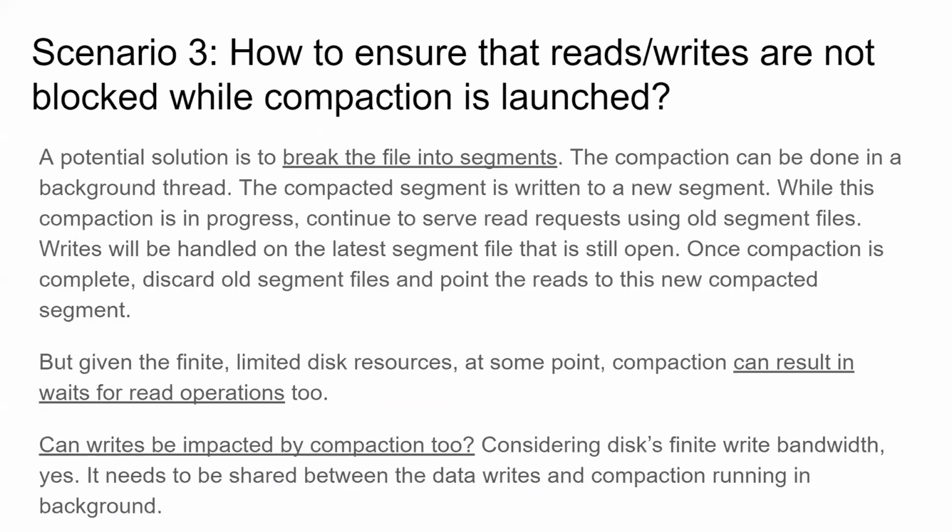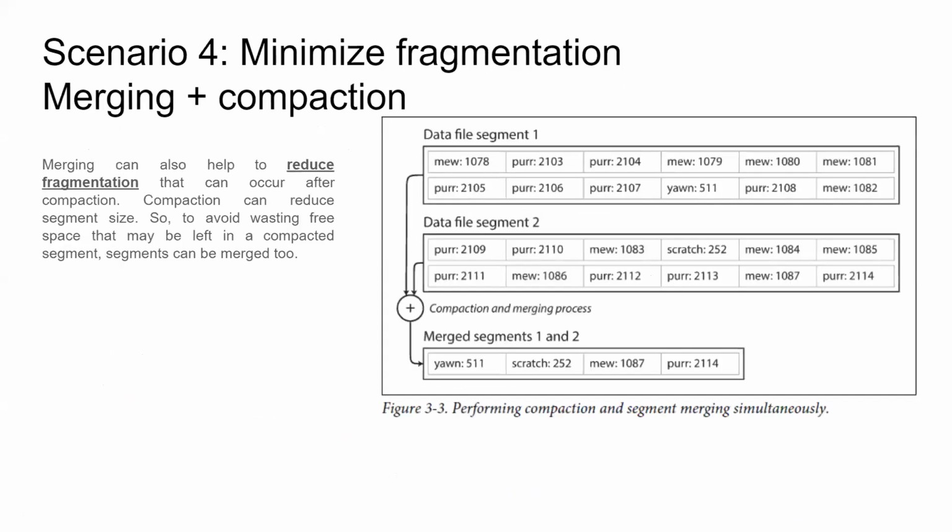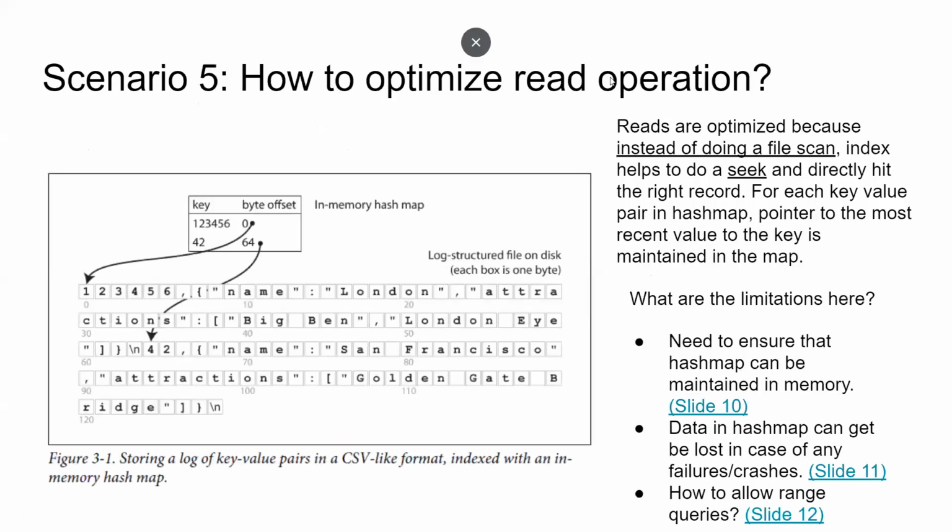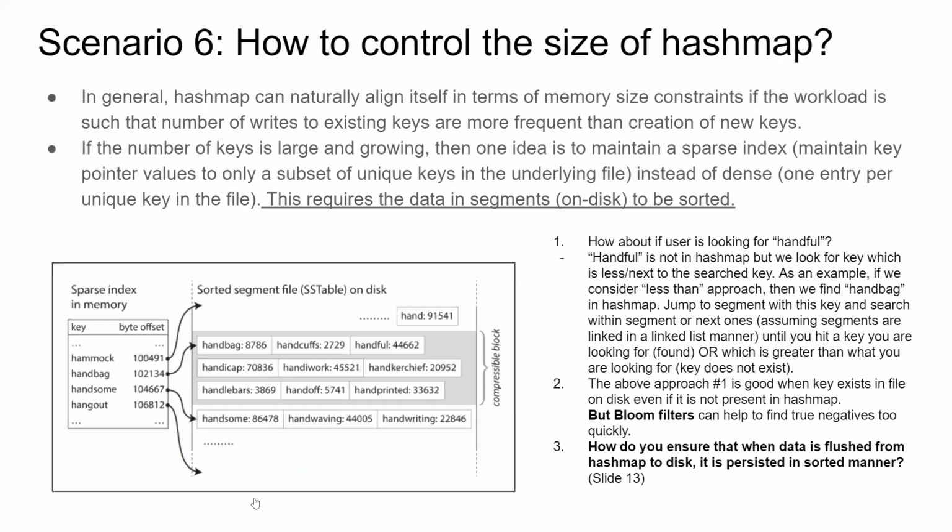So, okay, let me quickly run through it because we have, like, 5-10 minutes. I was at the point where we use this hash structure to optimize the reads. We can store the offsets and stuff. Then I talked about how we can maintain it in memory.